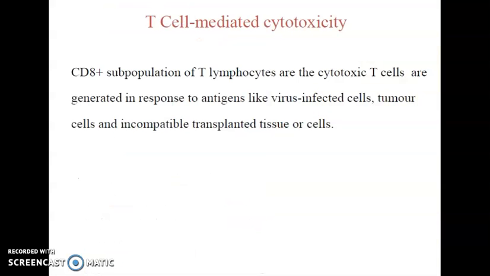Whereas in T-cell mediated cytotoxicity, the CD8 plus subpopulation of T lymphocytes are the cytotoxic T cells generated in response to antigens like virus infected cells, tumor cells and incompatible transplanted tissue or cells.